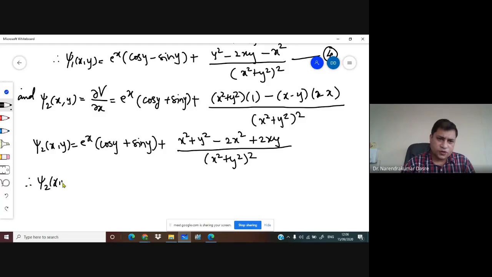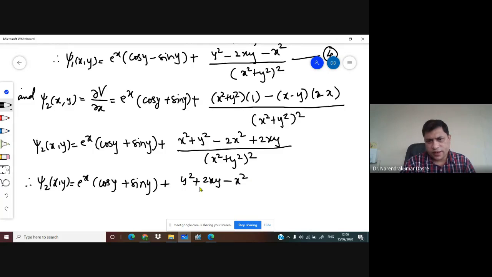Simplify: psi 2 of xy is equal to e raised to x (cos y plus sin y) plus this term is again y square plus 2xy minus x square upon (x square plus y square) whole square. So this is equation 5.